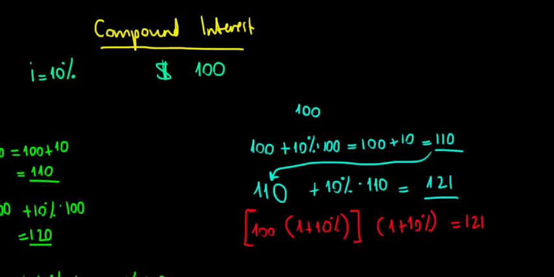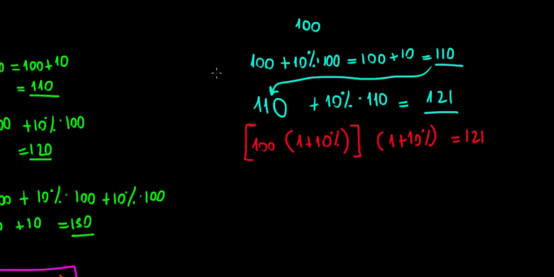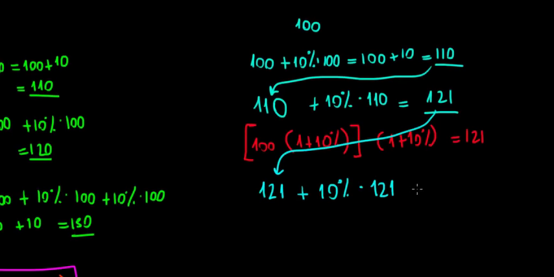Now if we do it again for the next year, we would get to the same thing. We would have 121 to begin with, which is from here, plus 10% out of 121, and that's equal to 121 plus 12.1, which is equal to 133.1.